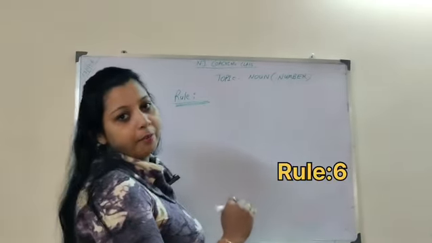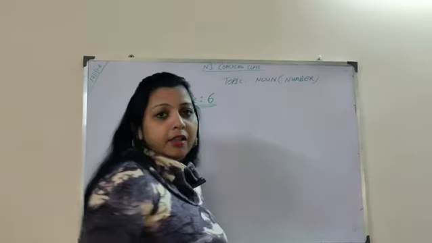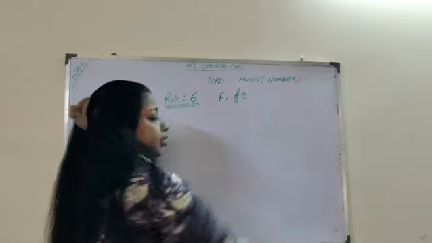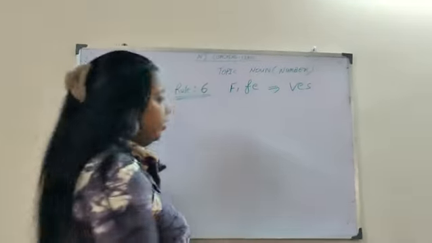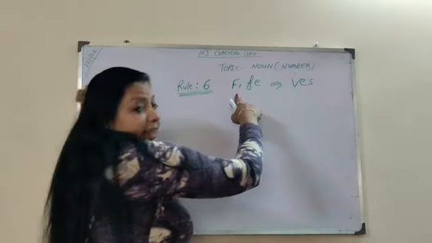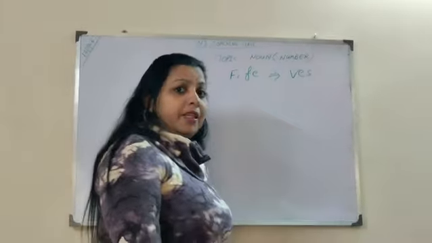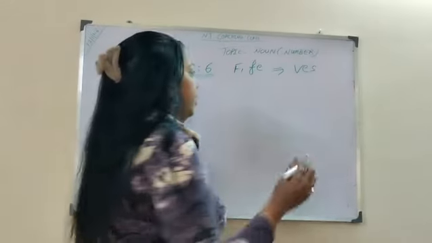Now comes rule number 6. If the singular noun ends with F or FE, then we have to write VES in place of F or FE as the case may be.